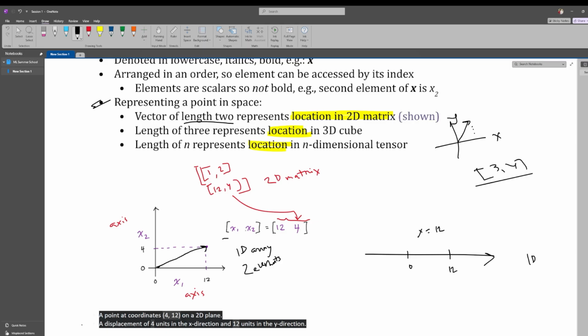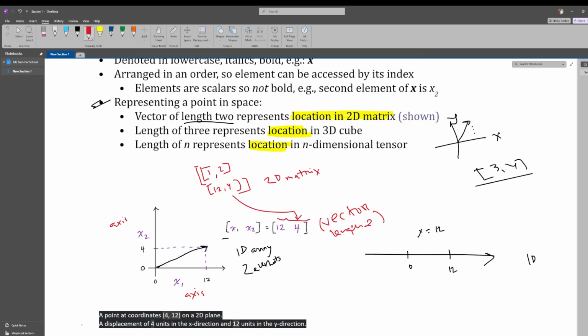But the interesting point you have to understand is that this vector has length 2, two values, that's it. It basically represents a location in a 2D matrix.